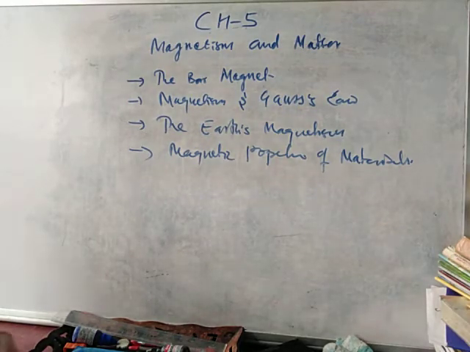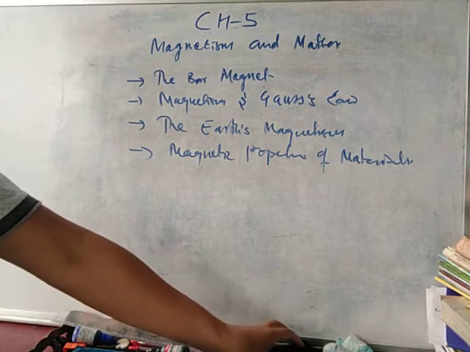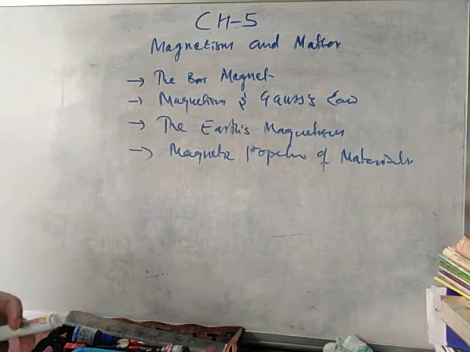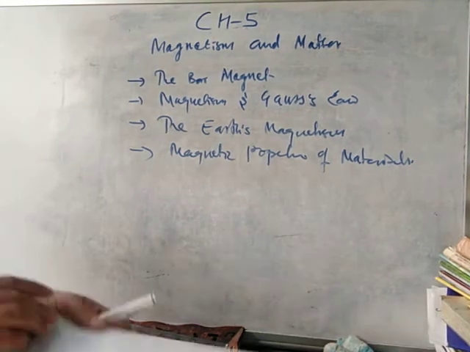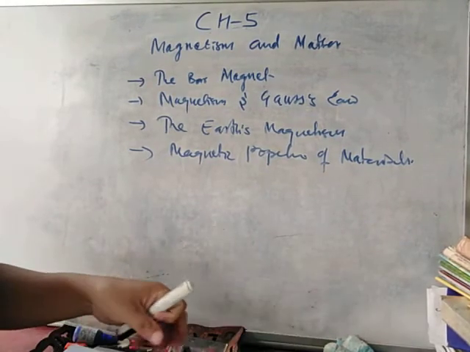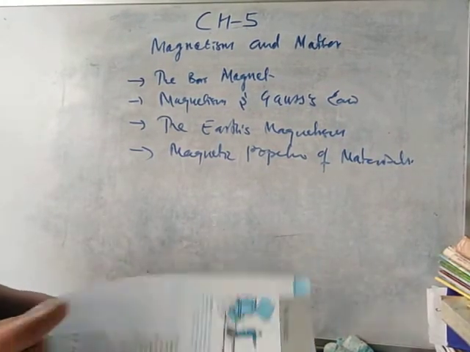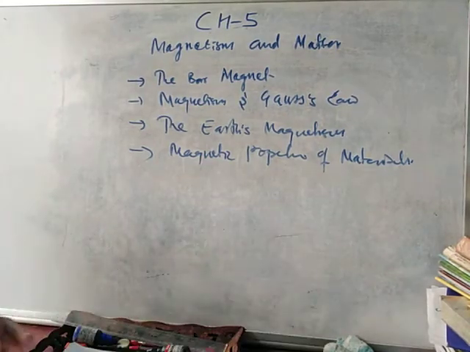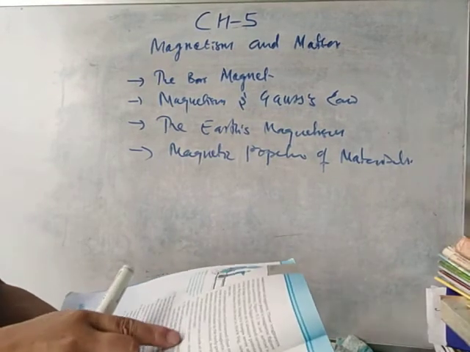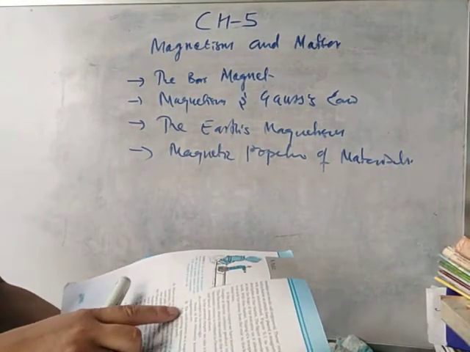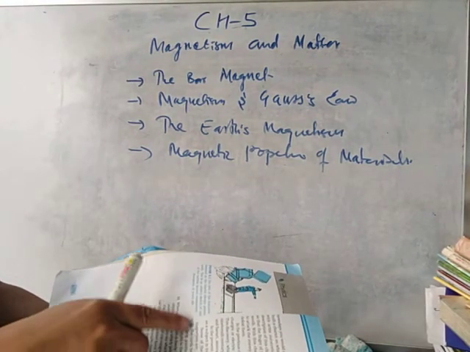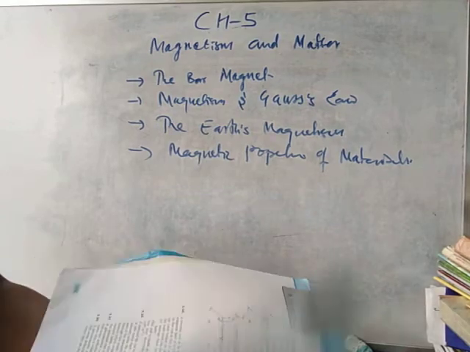These two topics are simple, and you know them from class 10 also, isn't it? So today we'll start with some introduction, page number 174. Some commonly known ideas regarding magnetism are there; there are 5 points, you should write them.